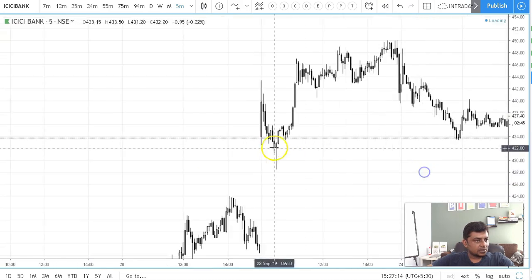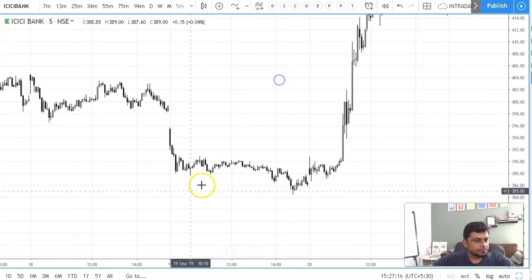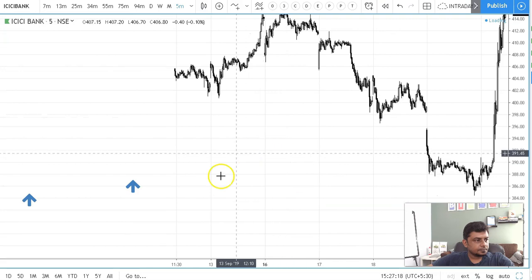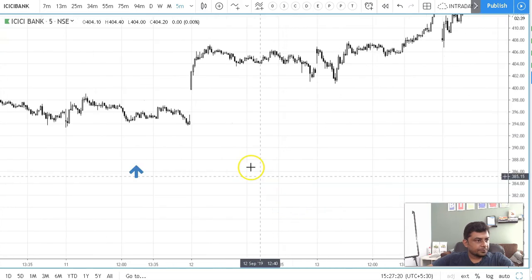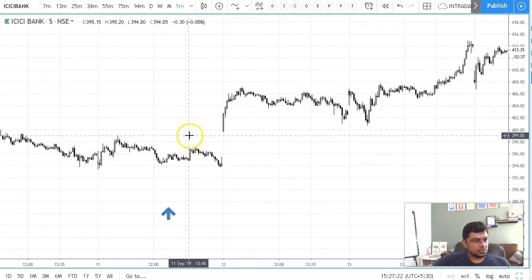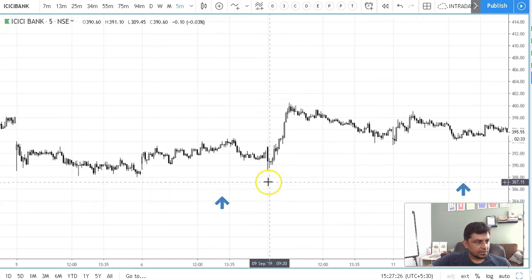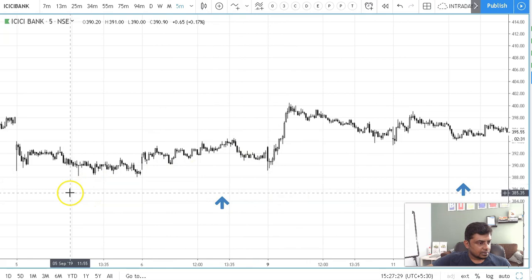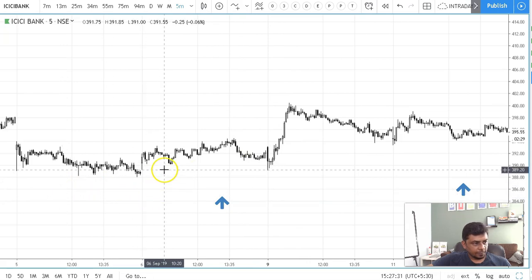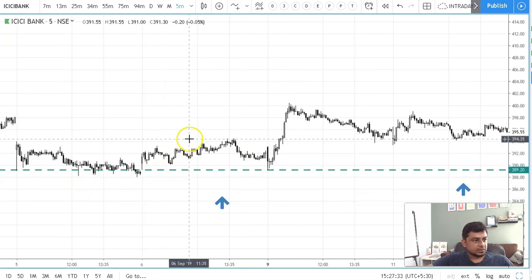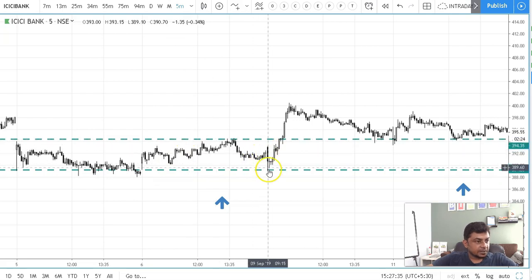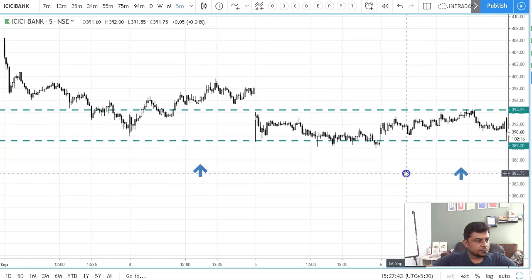And let's look at the other day. Here again the first candle closed above the previous range, and on this day this is the range, and in fact it took a support, and as it is going up and closing above, this is where you enter your trade and you would have captured this move.